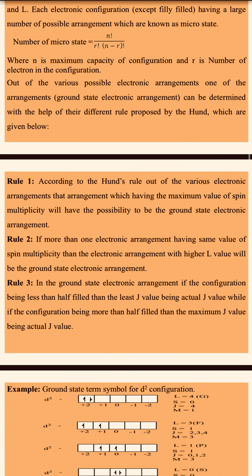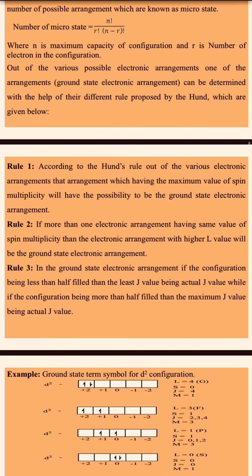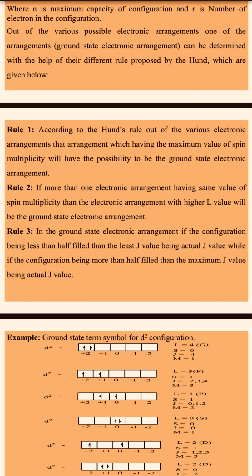So here we have certain rules to be followed. The first one is according to Hund's rule: among the various electronic arrangements, the arrangement having the maximum value of spin multiplicity will be the ground state. You know what Hund's rule is.